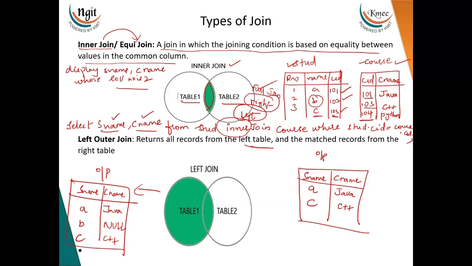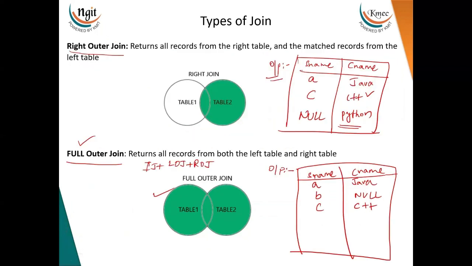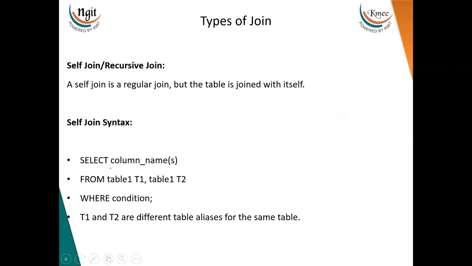For 104, there is no person enrolled, but the course name is what? Python. So thereby, in the output, what you are going to get? We get Python as an output, but there is no person enrolled for it. So thereby, you get null in the place of student name. So this is the output which is retrieved when we are using full outer join.